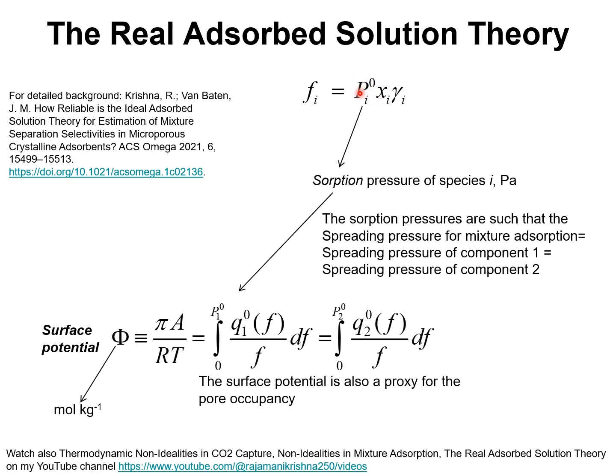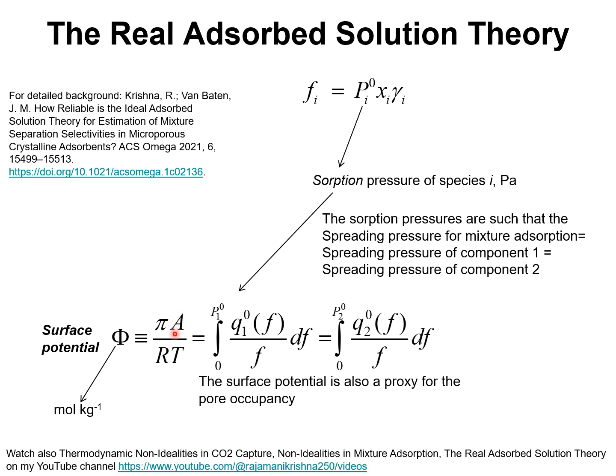This term here, P_i^0, is the sorption pressure of species i. The sorption pressures of species i are such that the spreading pressure for mixture adsorption equals the spreading pressure of pure component 1 equals that of pure component 2. The spreading pressure is π.